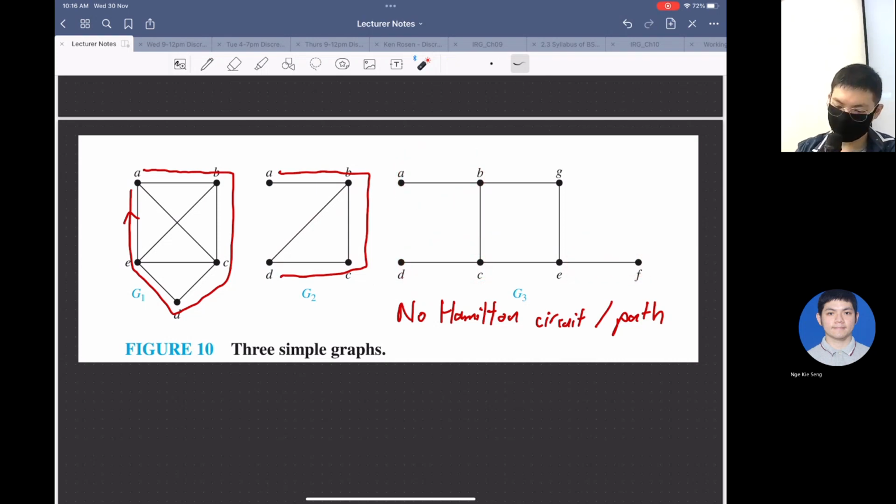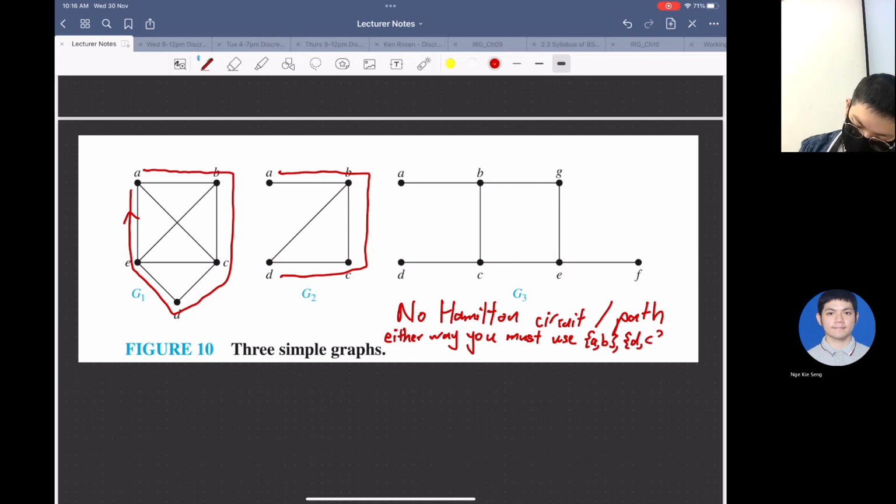So either way, you must use AB, DC, or EF twice. You must meet a certain vertex twice if you try to draw one.